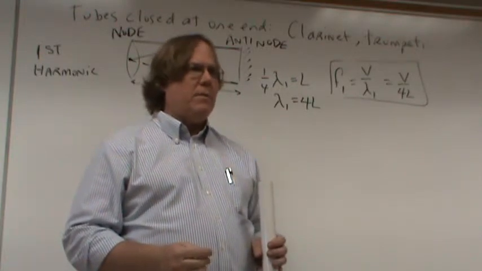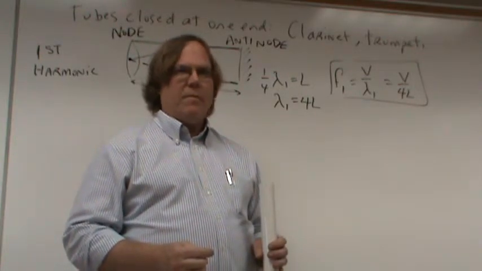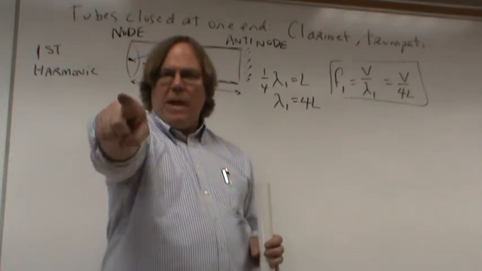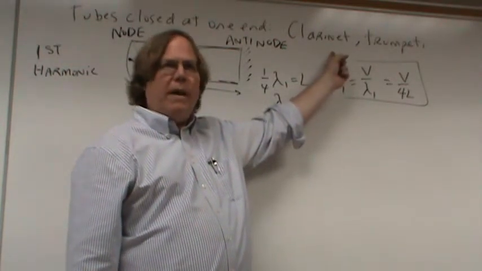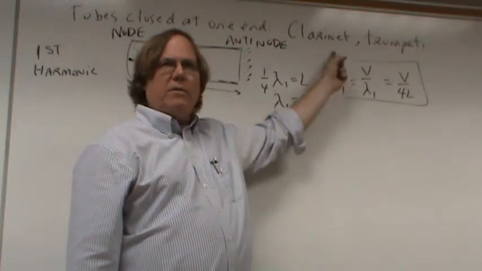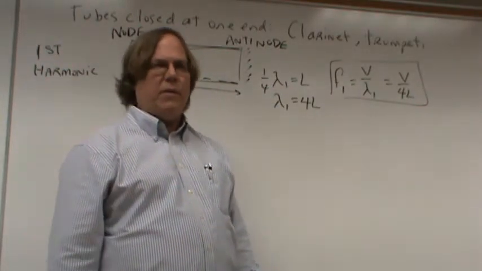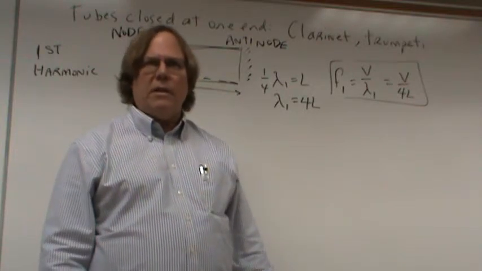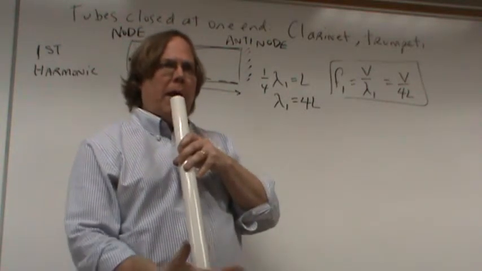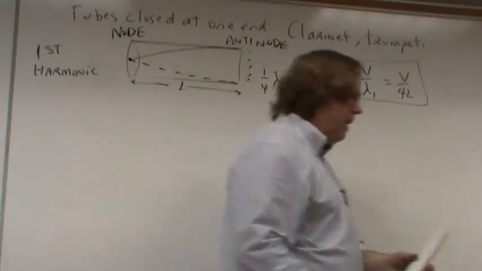What are you going to tell them? Because one is covered. Thank you. Because the clarinet is closed on one end, because you stuck one end in your mouth, right? And thus it's going to have half the frequency of a flute. Does that make sense to you guys? Yes, that's all it is. The difference between open and closed.